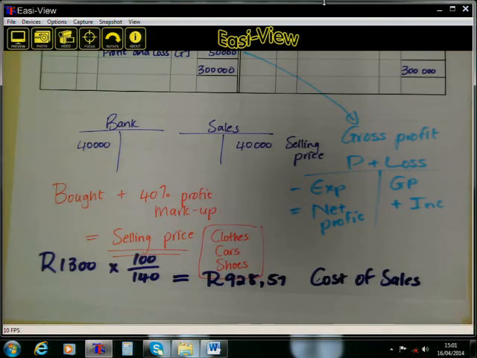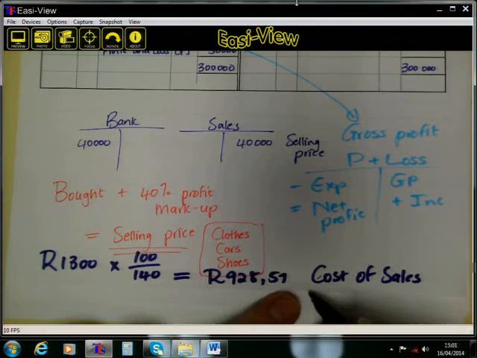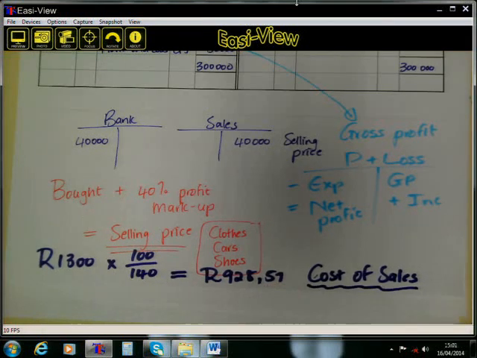What is the difference? Cost price is when you buy something and you pay for it, then you pay cost price. Cost of sales is the moment that you sell something and you calculate the cost price of the things that you sold, then you say it is cost of sales. That means it's the cost price of something that's already sold.